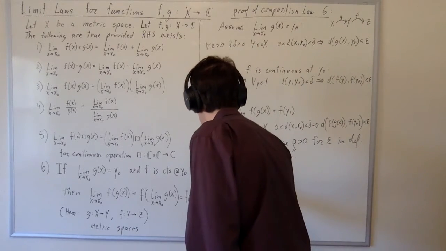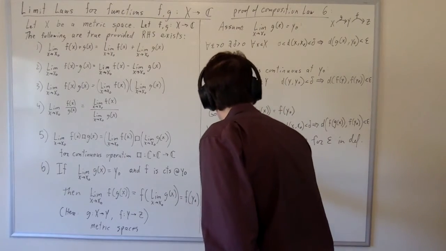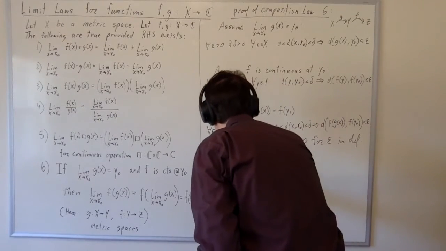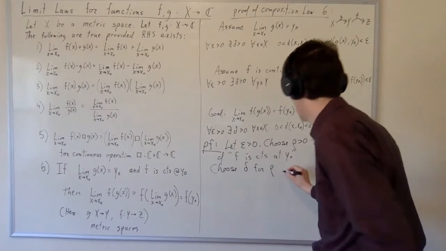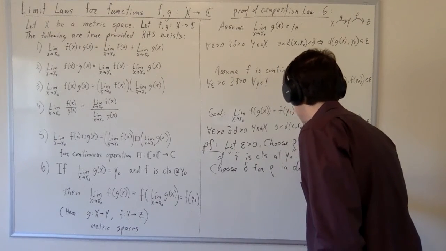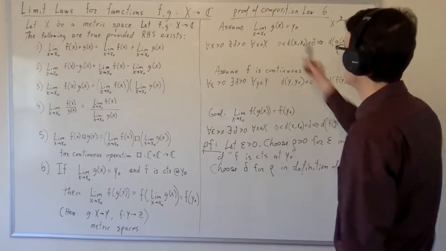That looks like we just need to say, choose rho for, no, sorry, we already chose rho. We're going to choose delta for rho in the definition of this limit.